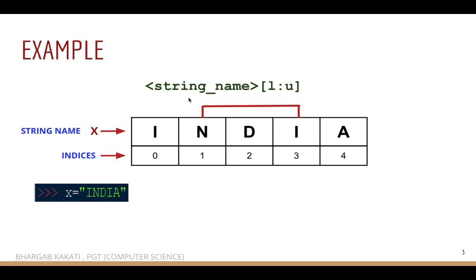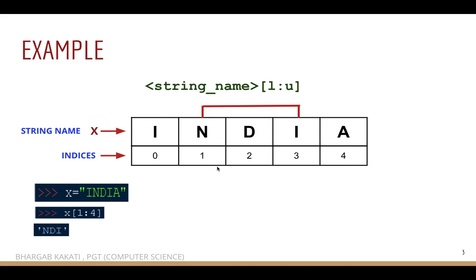Now what did the syntax say? The syntax says that we need to give the name of the string, and within the square brackets we need to specify the lower limit and the upper limit. So here if I give X[1:4], then what will be displayed? NDI will be displayed. As we have already seen, the string indices in the range of lower limit to upper limit minus 1 will be displayed.